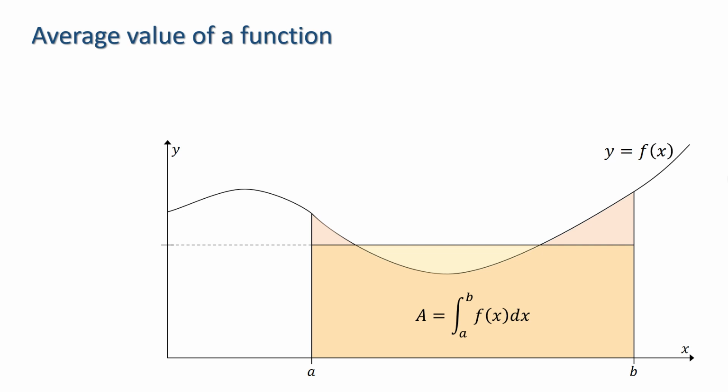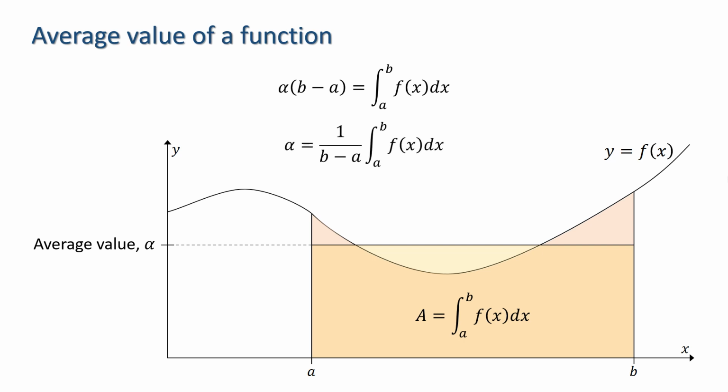The y-coordinate corresponding to the top of this rectangle is defined to be the average value of the function over the interval x equals a to x equals b, which we denote here as alpha. Then, alpha times the width of the rectangle, which is b minus a, equals the area under the curve, i.e. alpha equals 1 over b minus a times the integral between a and b of f with respect to x.